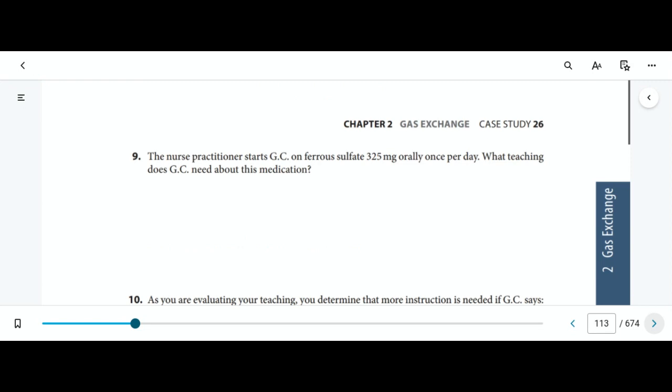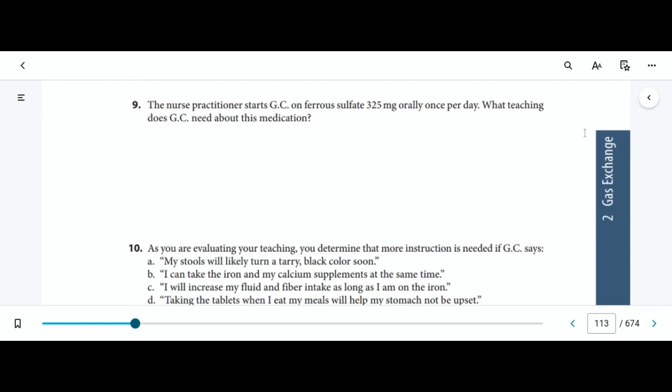We already talked about 9, about side effects of iron, that it can cause stomach upset. What could she take it with to help promote absorption? Yeah, some kind of vitamin C, right? Like orange juice, for sure.